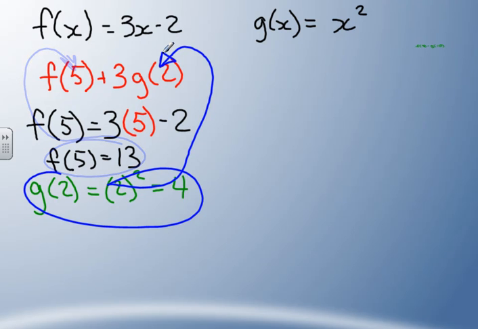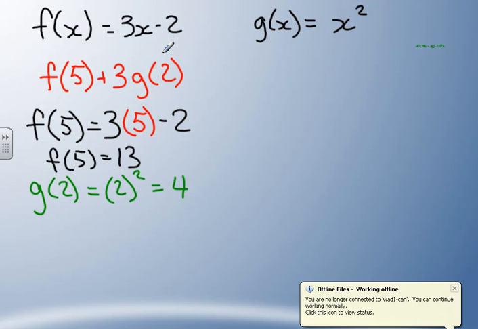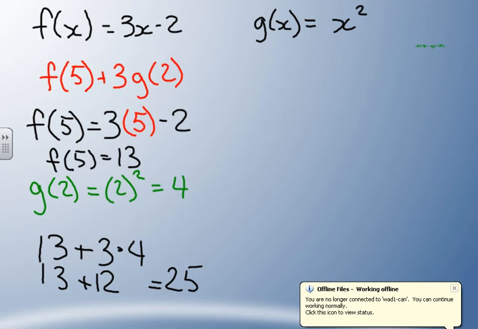So, let's do it. f(5) is 13, plus 3, because we never did deal with that, times g(2). g(2) is 4. 13 plus 3 times 4 gives me 13 plus 12. So my end answer equals 25. And there's my answer for the very first question.